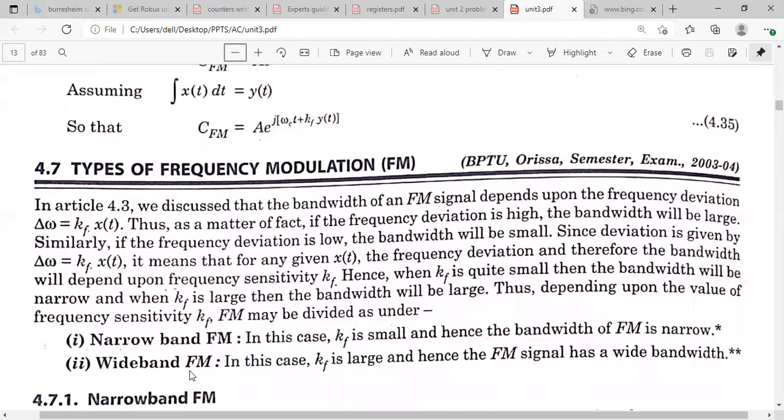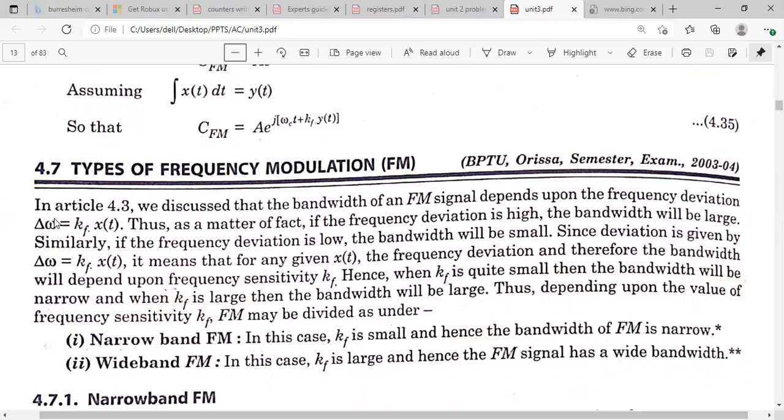And in the last class we discussed that the bandwidth depends on the frequency deviation. So here the bandwidth of the FM signal depends on the frequency deviation. That frequency deviation delta F is equal to KF into x of t.